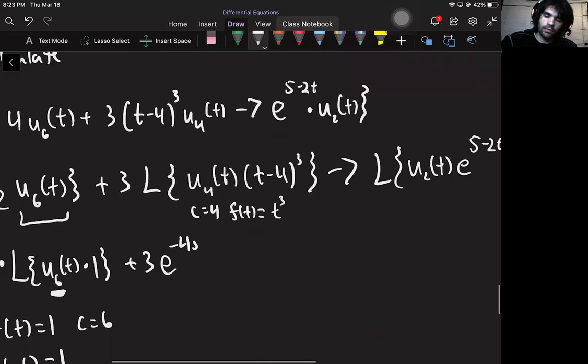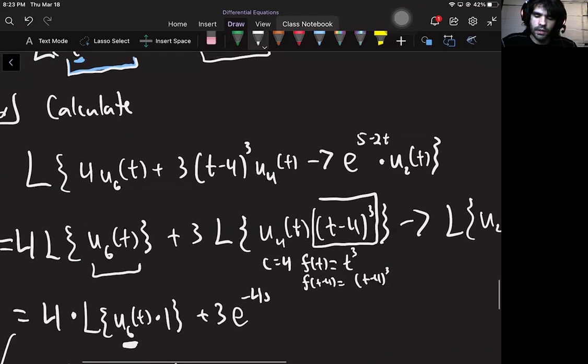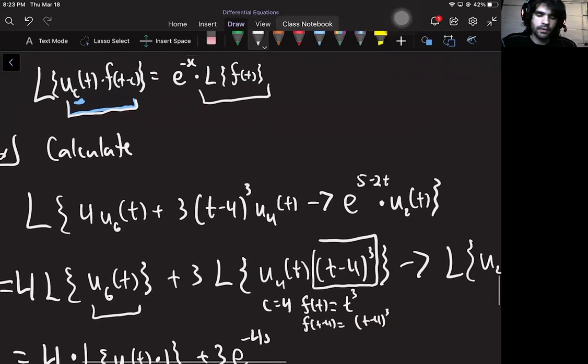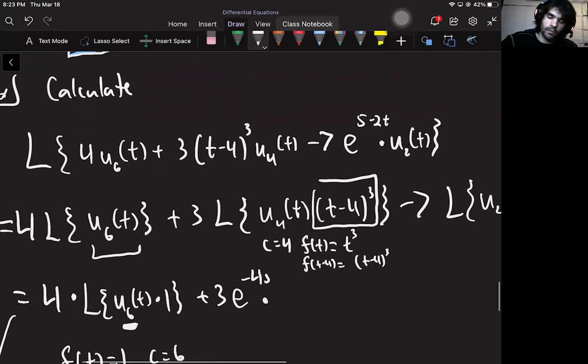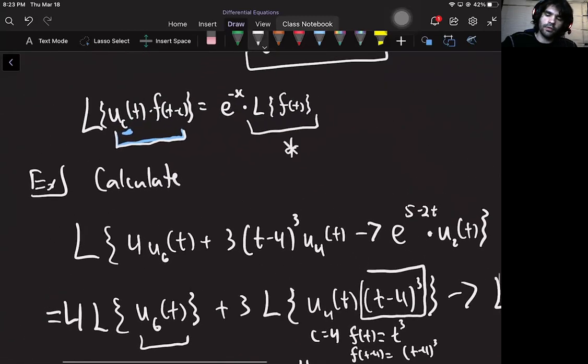It's t cubed, because if I plug in t minus 4, I do get this exact thing here. So according to this formula, it's e to the negative 4s, because c is 4, times the Laplace transform of t cubed, not t minus 4 cubed. The whole point is that you're calculating it without the shift.